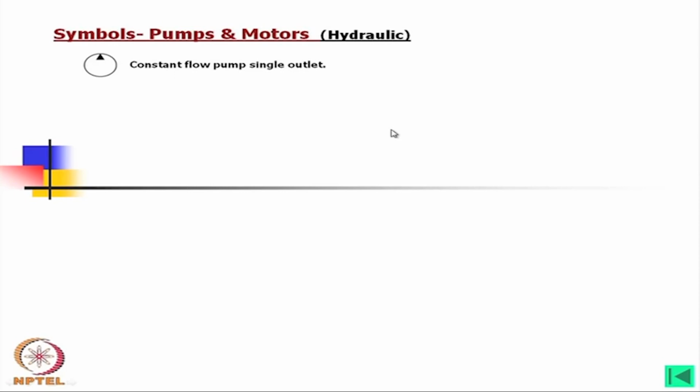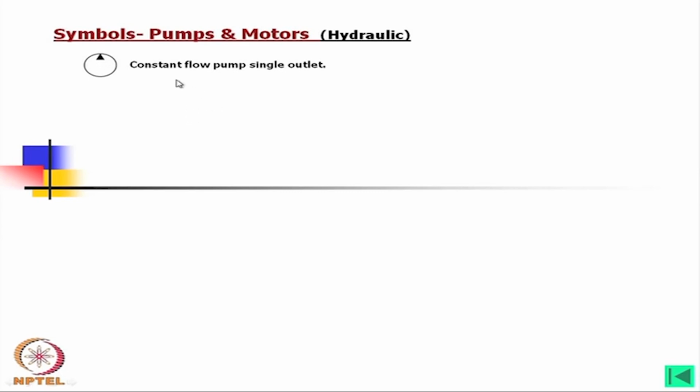Now, what we find here, there is a circle and inside there is an arrow, and this arrow is completely filled, it is looking black. Now, filling this arrow has meaning, it is for hydraulic. In case of pneumatic this is kept blank, just a triangle is put there.